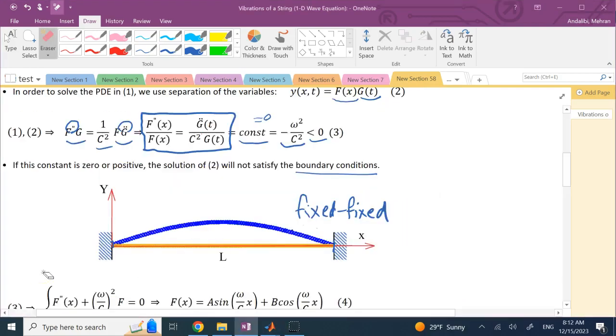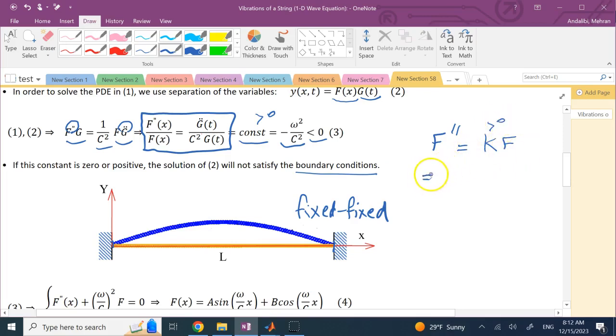Now, what if this constant is bigger than 0? So here it's constant, but it's positive. That means that f double prime is equal to some positive number. Let's call it k, not c, to not get confused with the speed of the wave. So that is equal to something like this with k positive.